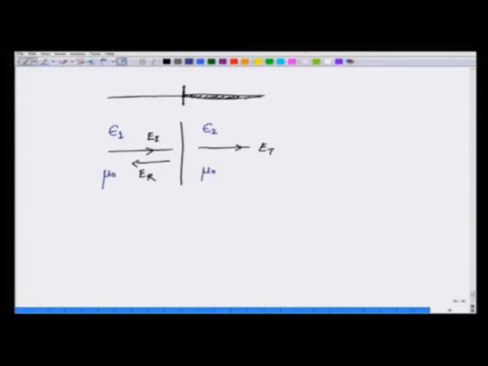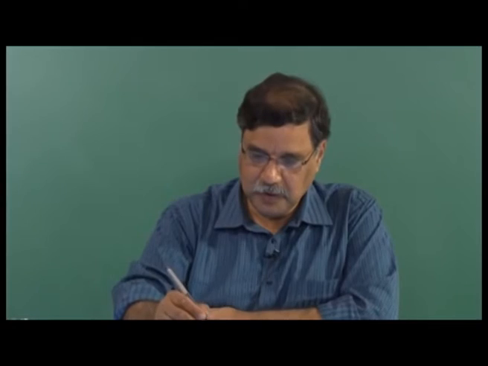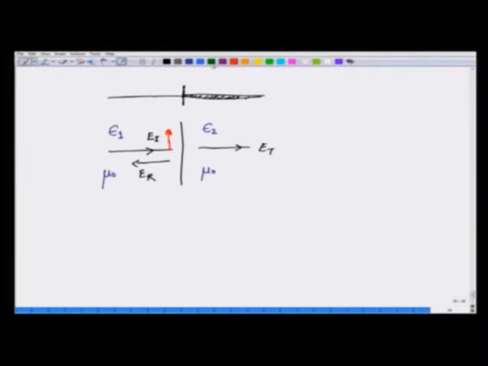When the wave comes from the left hand side, let us take its E field to be shown by this red arrow, and because E cross B should give me the direction of propagation, I am going to show you the B field by green color. It is going to be pointing this way. So, this is the B field and E field is shown by red.